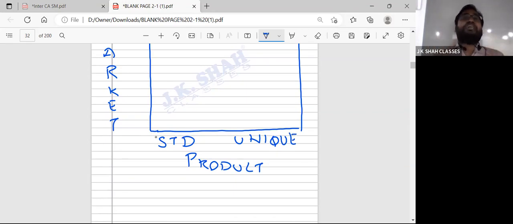you make a standardized product. What do you mean by standardized product? A product which is similar to what our competitors are making. If I can give you a few examples, Hyundai, Tata Motors, Maruti, all sell affordable cars.